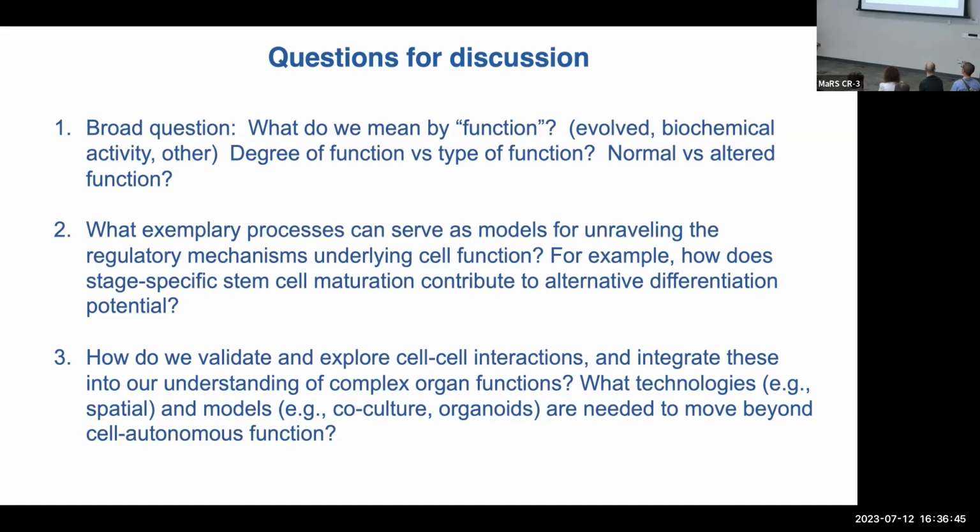If you define function as a phenotypic effect when you remove it, then you do quite well with genes. If you knock out that gene and suddenly the flies do not develop functioning eyes anymore, then you have function. With cells, that is not so straightforward because if you remove a single cell, you will probably never have an effect, except if you remove the zygote or the tumor initiating cell.